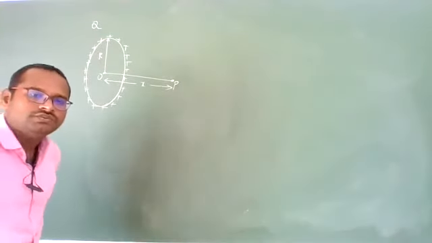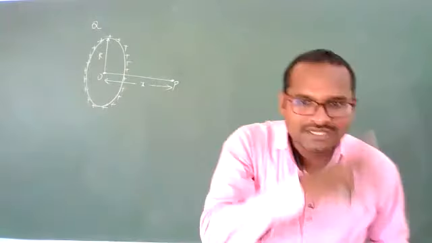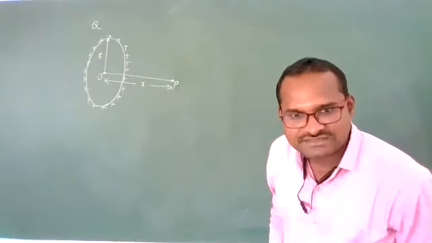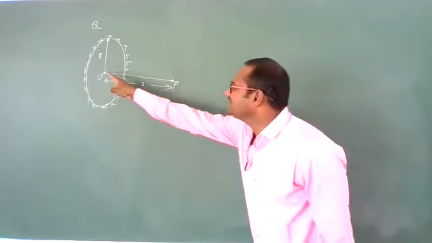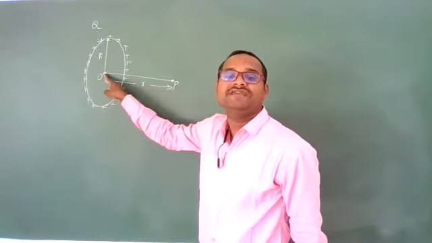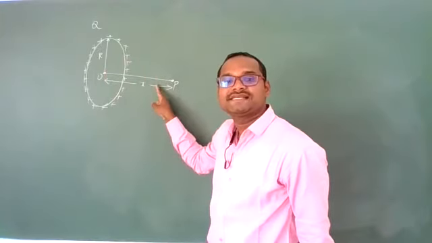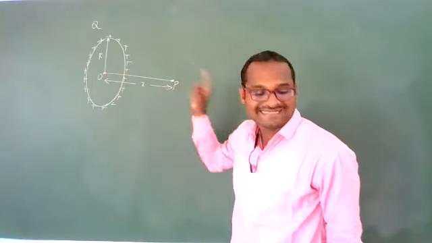So what do we need to do? Simple technique: divide the total length, meaning the total circumference. I am not finding the electric field at the center; I am finding the electric field at a distance x from the center on its axial line.